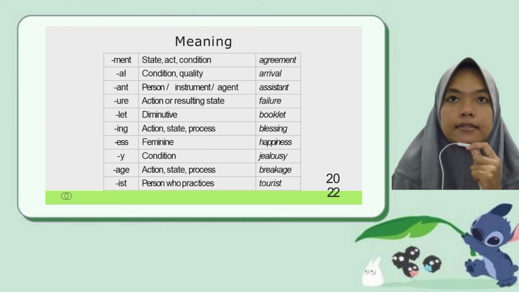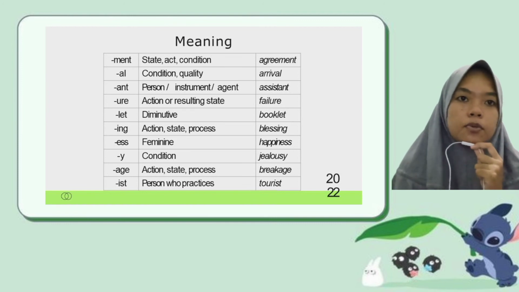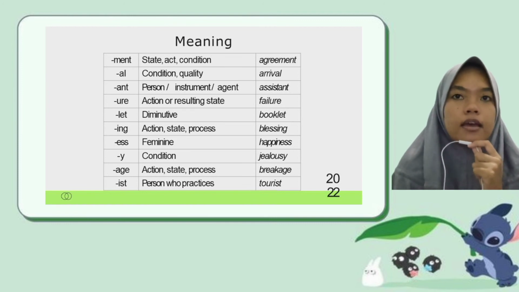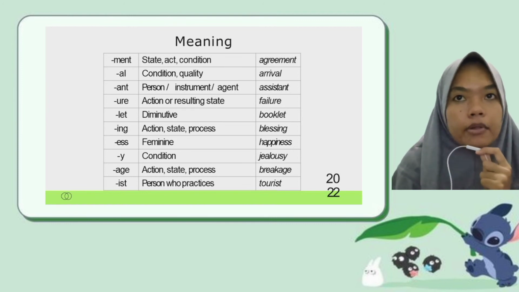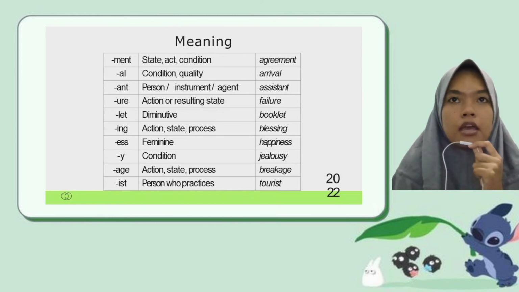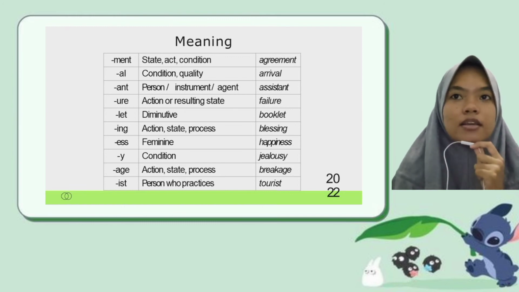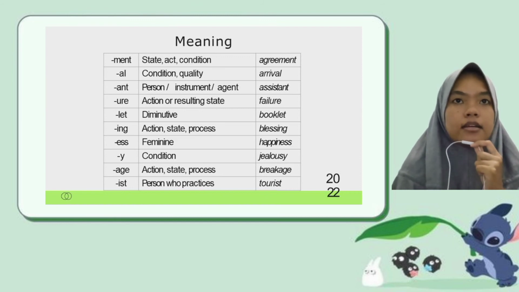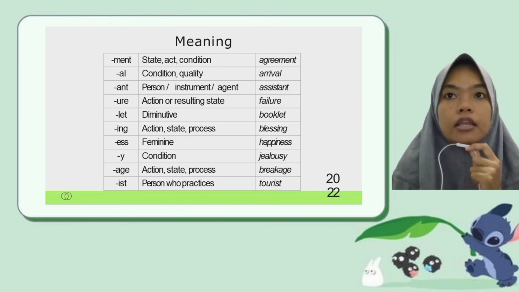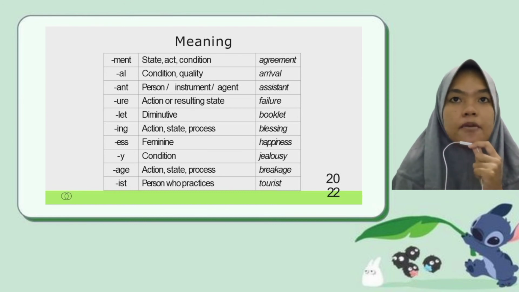And the suffix -ant has the meaning person, instrument, and agent. For example, assistant. The suffix -ure, I don't know how to spell it, has the meaning action or resulting state. For example, failure.